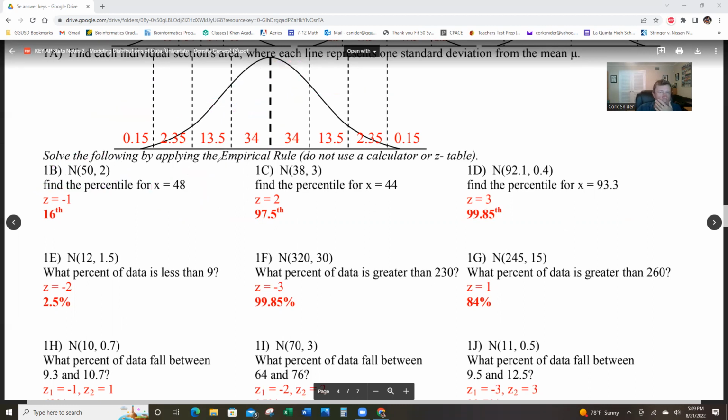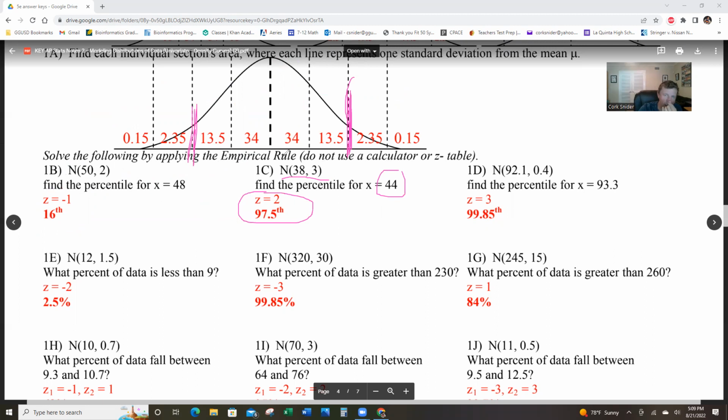The next one, item C here, normal curve, mean 38, standard deviation 3. 44 is 2 standard deviations above the mean. So that's right there. Remember, 95% is within 2.